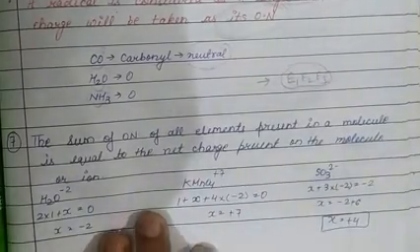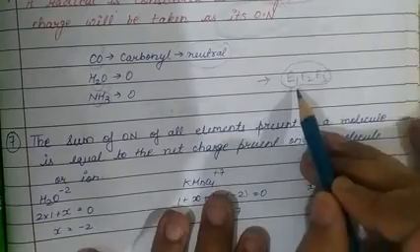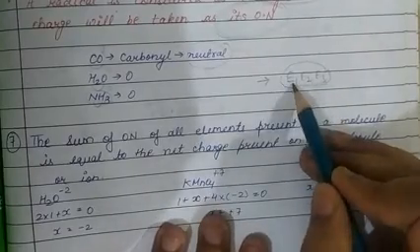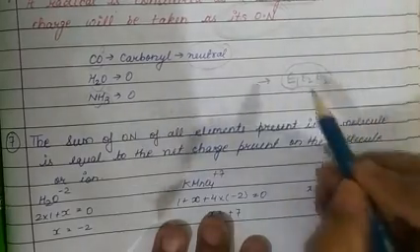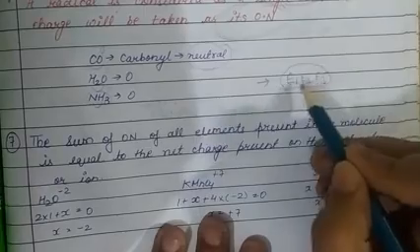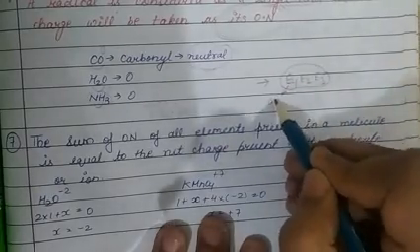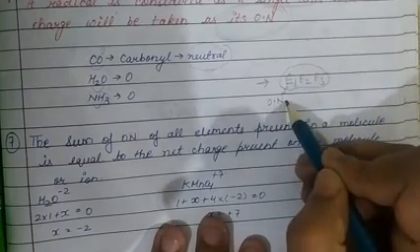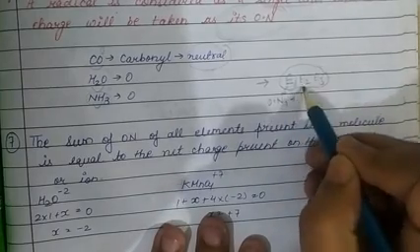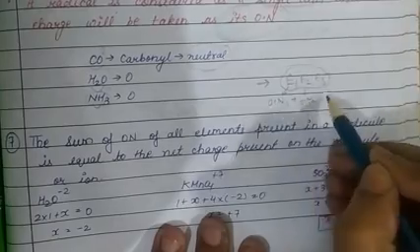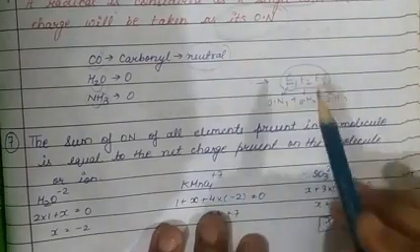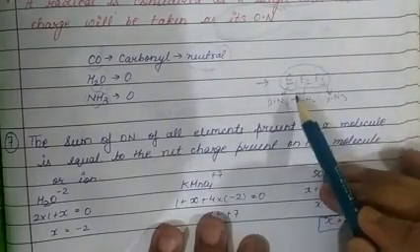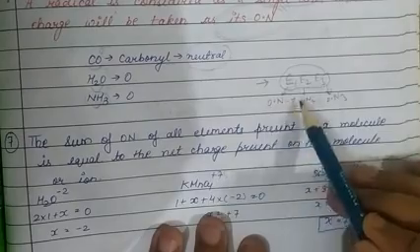So basically, a compound containing three elements, E1, E2, E3. The oxidation number of E1 is ON1, oxidation number of E2 is ON2, and oxidation number of E3 is ON3. So a compound containing three elements, and we know the oxidation number of these elements.